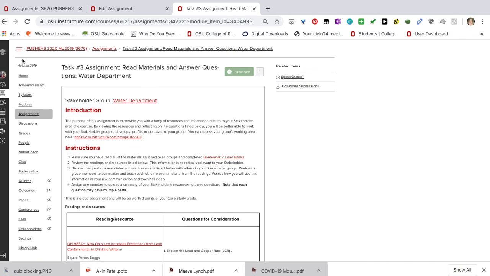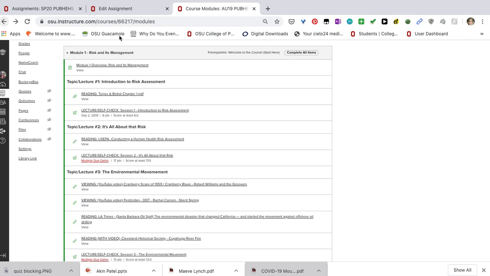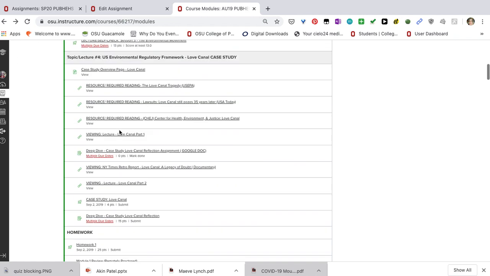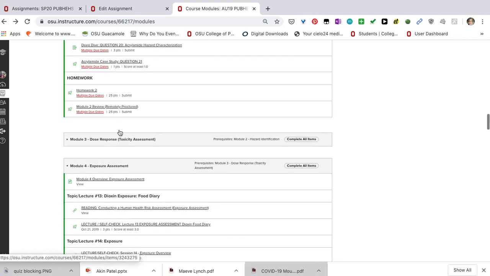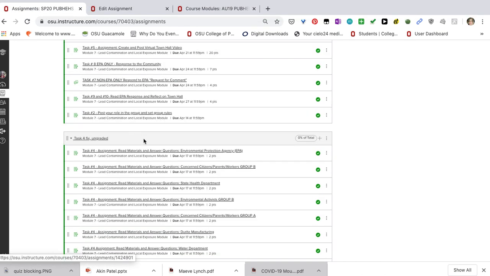So step 1, pick your group. Step 2, on the back side, someone puts those people into their group. This year, that didn't happen. So that's the other part of the problem.